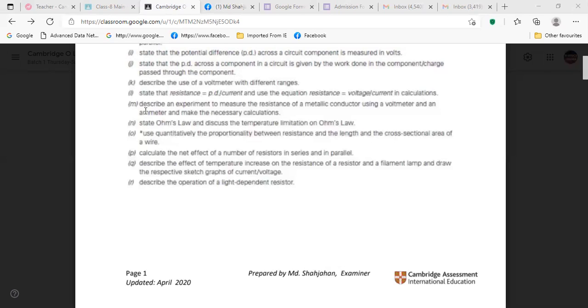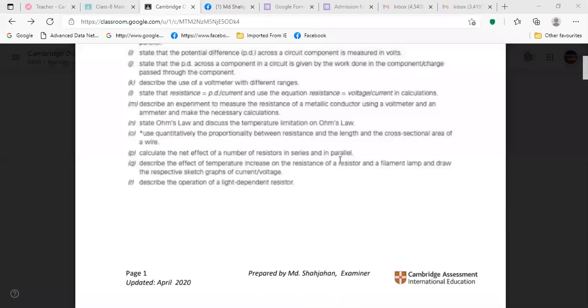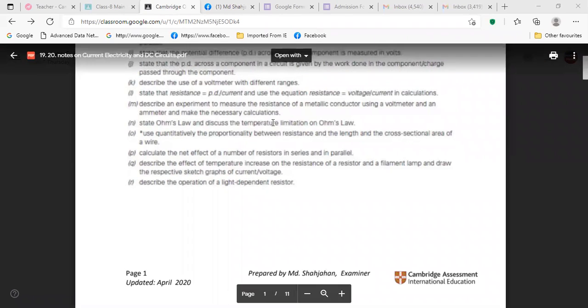With these two learning outcomes, we have another learning outcome, that is Q. It's written here: describe the effect of temperature increase on the resistance of a resistor and a filament lamp, and draw the respective sketch graphs of current versus voltage. This one is defying this law.